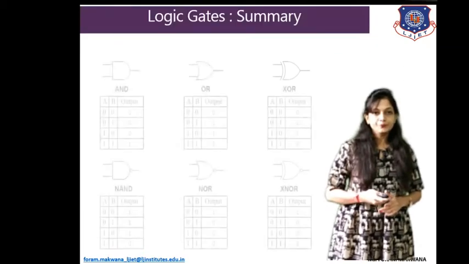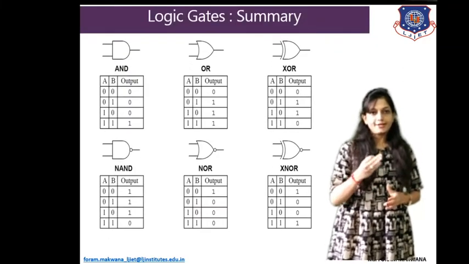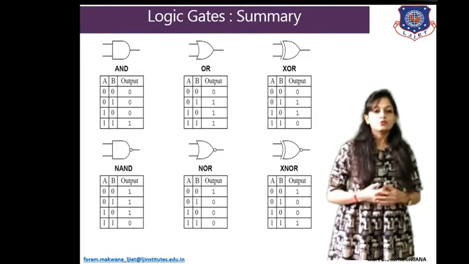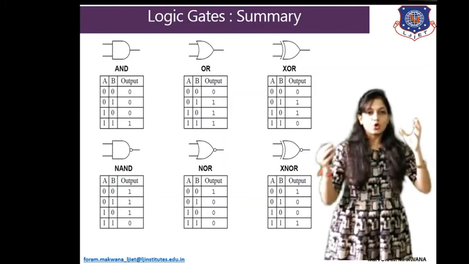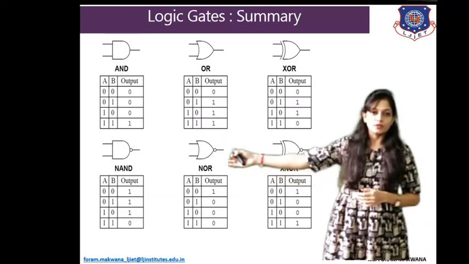Now, this is AND, OR and XOR, and also we have done the combination of AND gate with NOT gate, that will form the NAND gate, the first one.